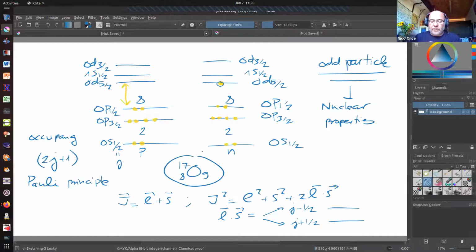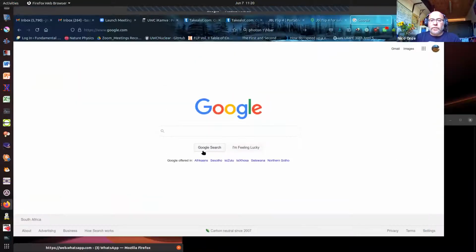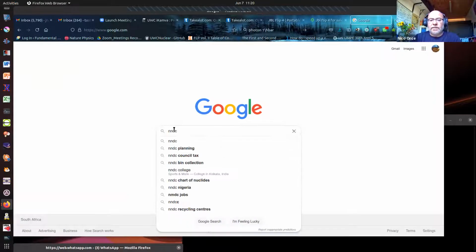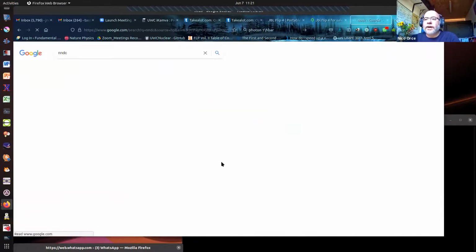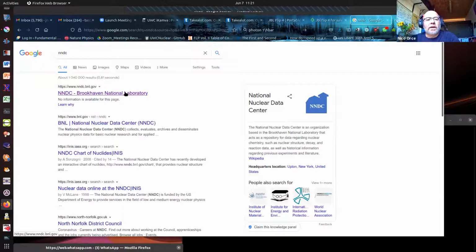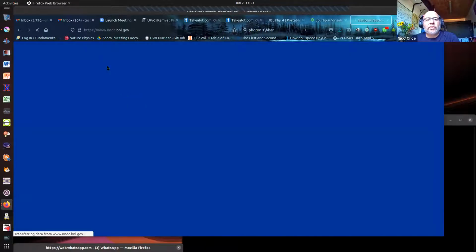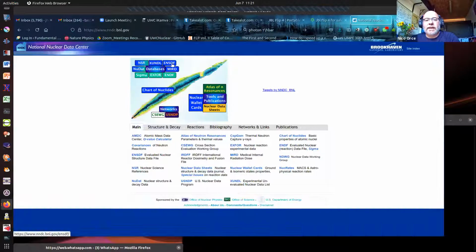And for that, we go to Google and we just type NNDC, the National Nuclear Data Center. So we go there, Brookhaven National Laboratory, and we are going to this ENSDF.